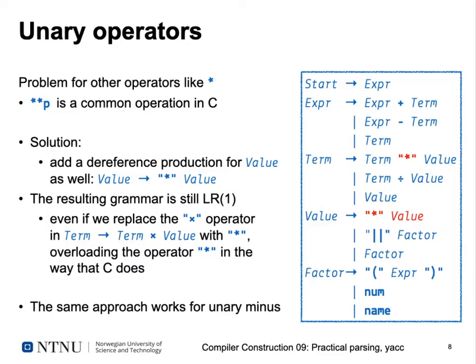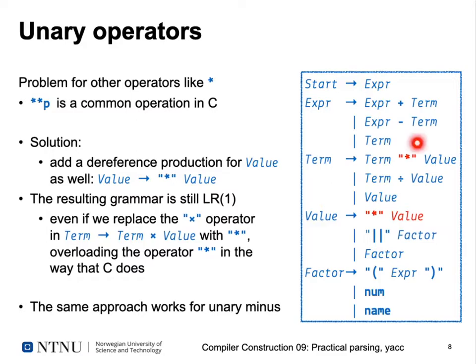We know the resulting grammar is still LR(1), and now what would happen if we replace this operator, which we've written with this x symbol here for multiplication, in term resolves to term times value, with a star operator like it's done in many programming languages?